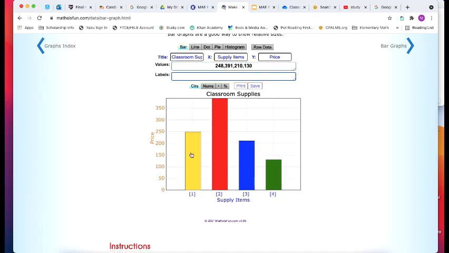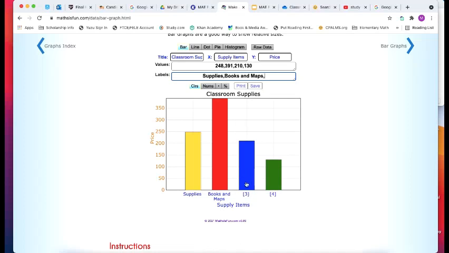So our first one, this yellow one right here, is going to be supplies. And if we put our comma, our second one, which is the red one, is going to be our books and maps. Another comma.